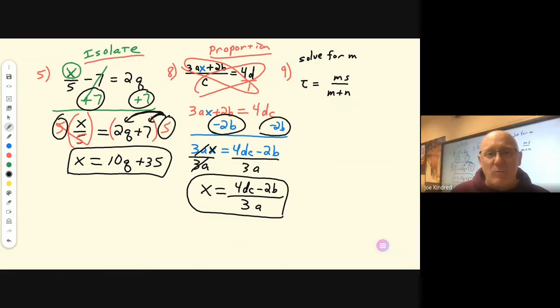Number 9, the last one, we're going to solve for M. So this is another one where I'm going to do this one differently.